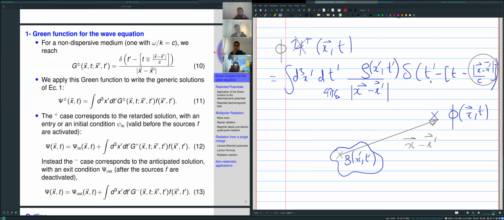When I carry out this integral, this term needs to be evaluated at t prime equals t minus the light travel time, which would be r divided by c, where r is this difference. So the plus solution with a minus here depends on the potentials when we correct for the light travel time. This is the physical interpretation.